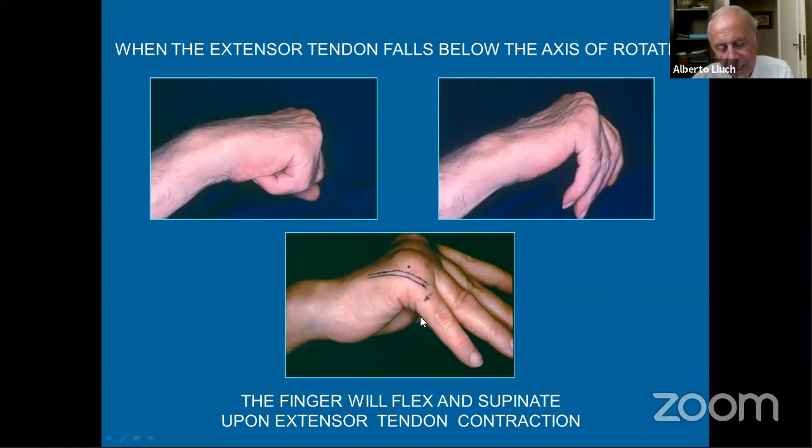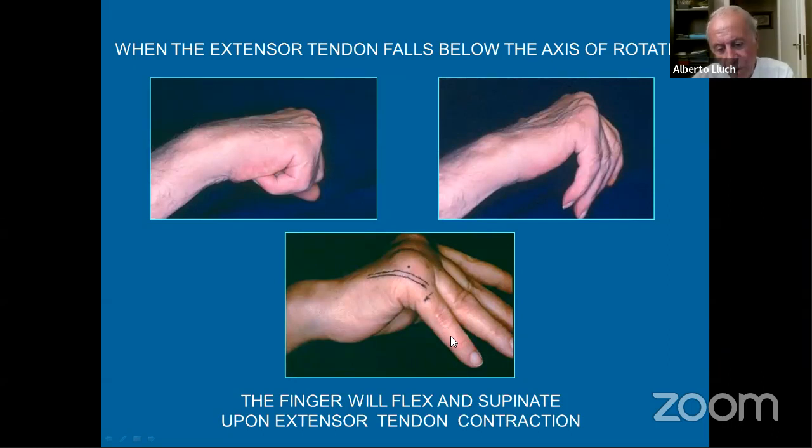So if the examining doctor puts a finger here and you ask the patient to extend the finger, you will feel that instead of extending the finger, the patient flexes it even more and even rotates the finger into supination.